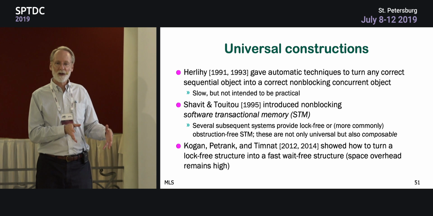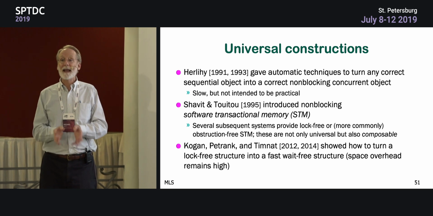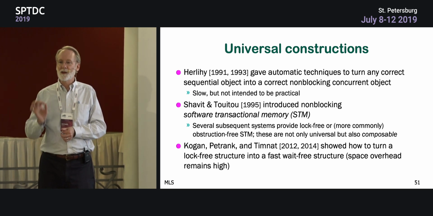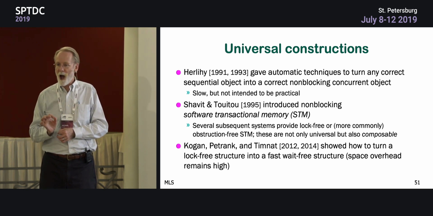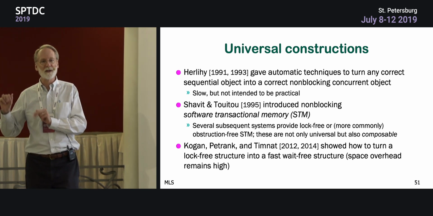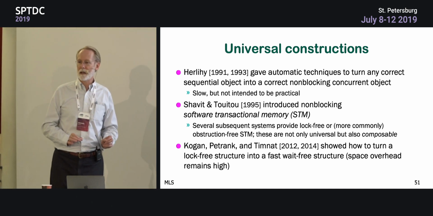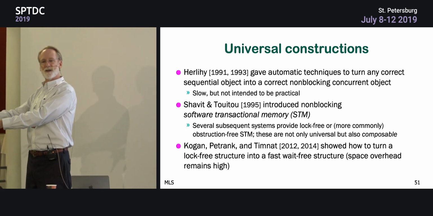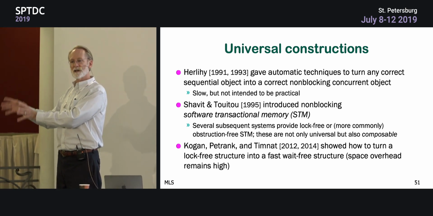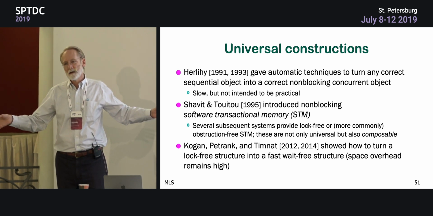Those can be thought of as non-blocking universal constructions. So I can take sequential code, use a non-blocking software transactional memory system to create something, and I might actually want to do that even though it will be slower than a hand-tuned algorithm because I get some extra stuff. That was the plus plus part. The plus plus part is atomic composability. So if I want to remove something from this set and put it into this set as a single atomic operation, software transactional memory will let me do that.